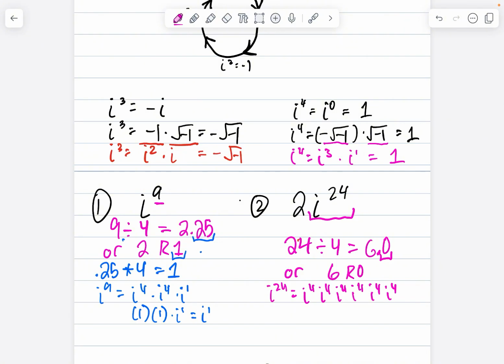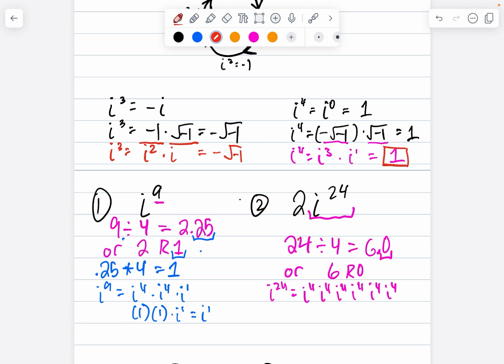And what do we know? i to the 4 is, as we learned back here, 1. So i to the 24 equals 1 times 1 times 1 times 1 times 1 times 1, which just equals 1. So I could say i to the 24 is equivalent to i to the 0, which is just 1.